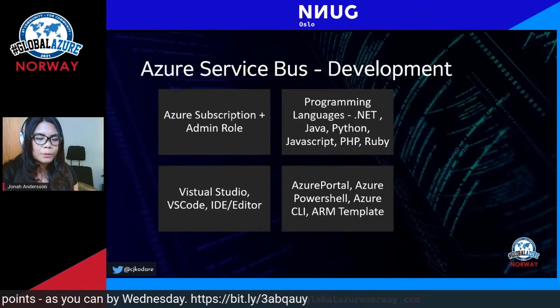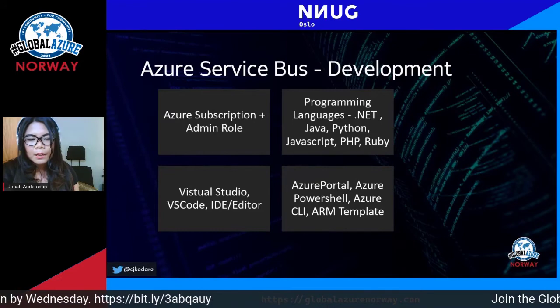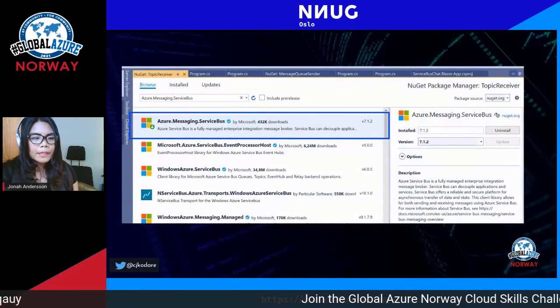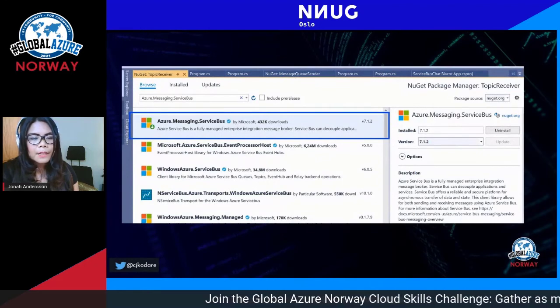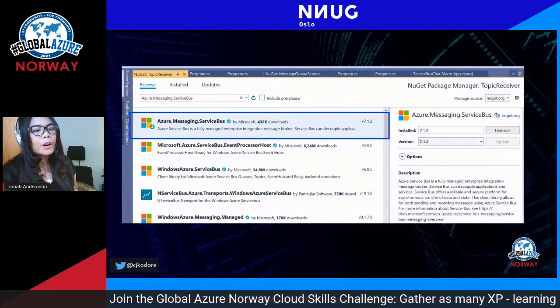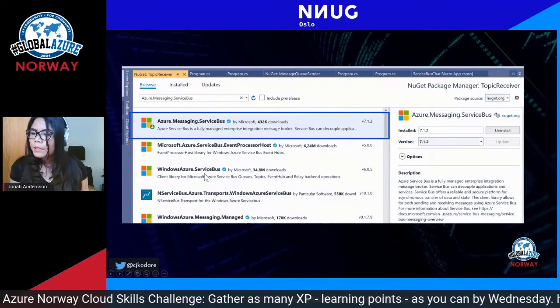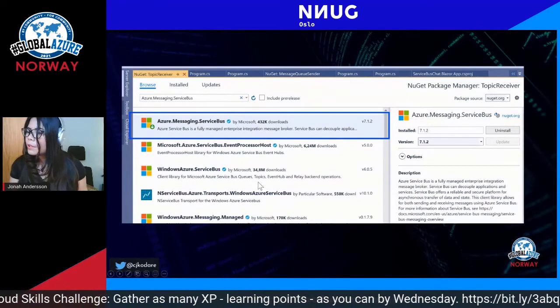So it's worth checking which of them are applicable. And as for the Service Bus SDK, there are different versions. For example, the Windows Azure Service Bus was the old version.